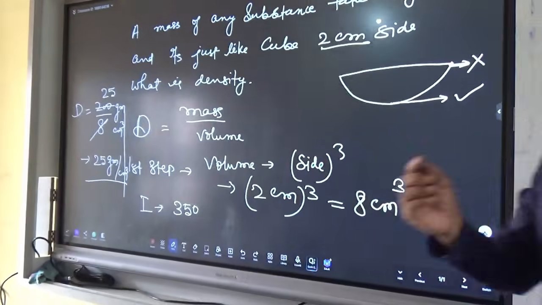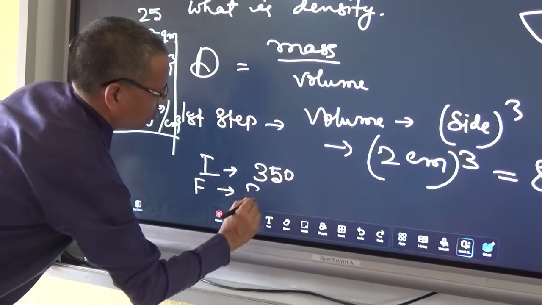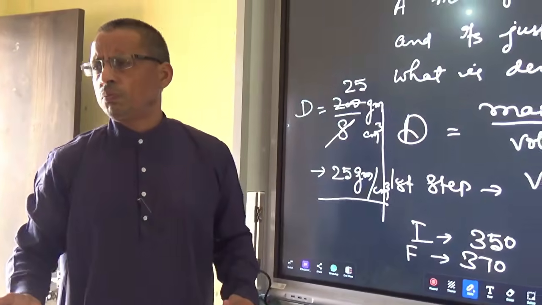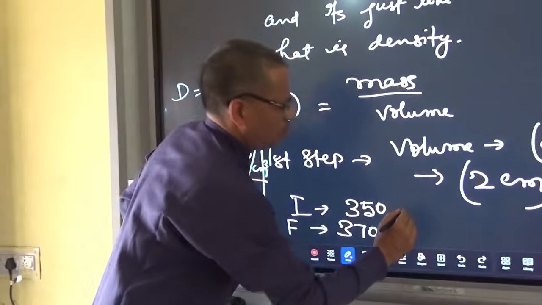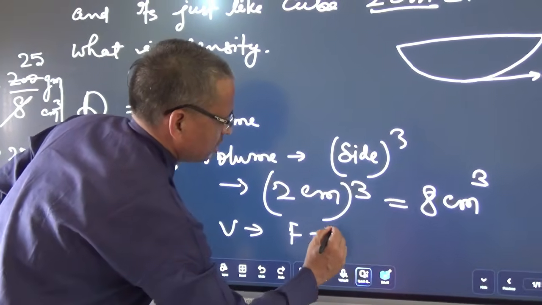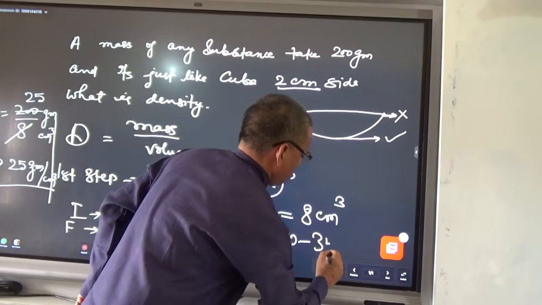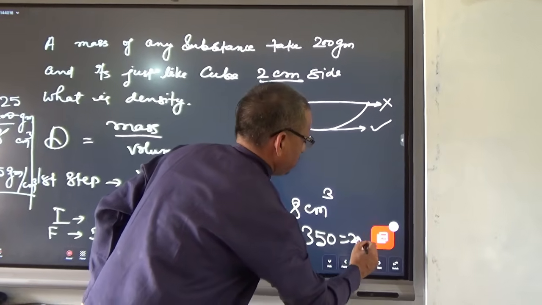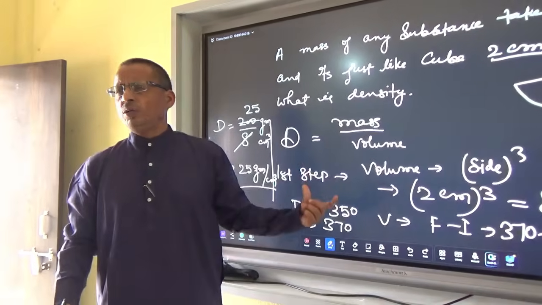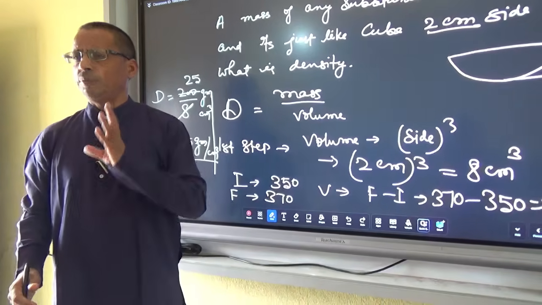The final reading I got is 370. So what is the volume? The volume of the object is final minus initial. 370 minus 350, we get 20. Clear? That is the way you find out the volume of any irregular shaped object.